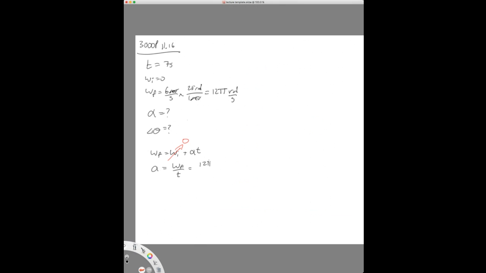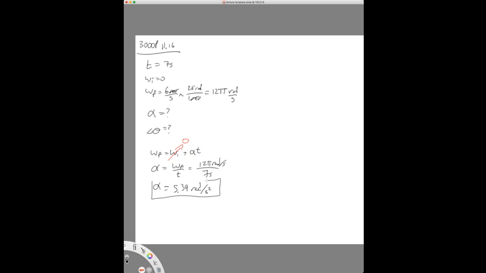So that's 12 pi radians per second over 7 seconds. That gives me 5.39 radians per second squared. And when I did that, I had to make sure that I multiplied by pi. If you just do 12 over 7, you get like 1 point something. You have to multiply by pi, either using the pi button on your calculator or just 3.14.